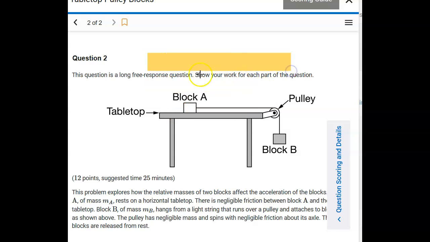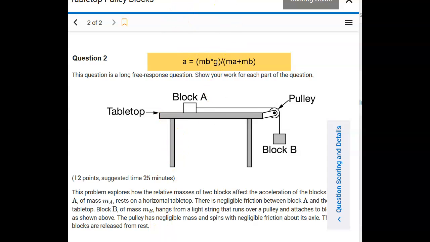If we divide it out properly, we should see a = m_b times g, that's the force acting on this, divided by m_a plus m_b. And that m_a is not mass times acceleration, that's just the mass of block A. I don't have a way to do subscripts in this system.